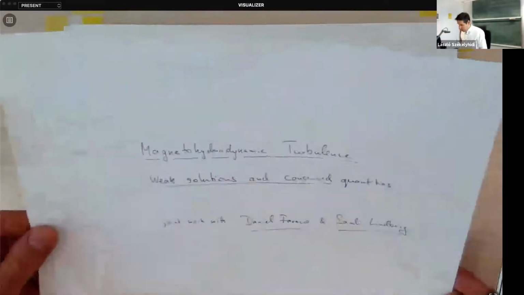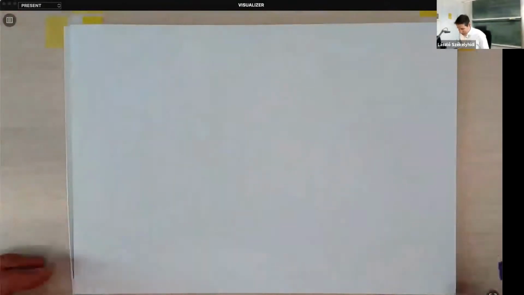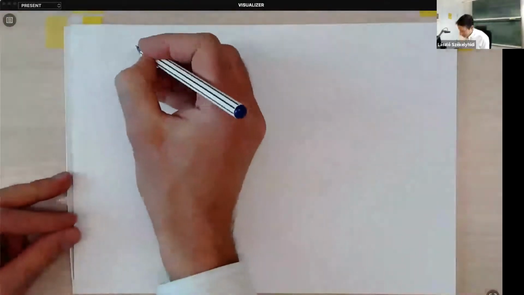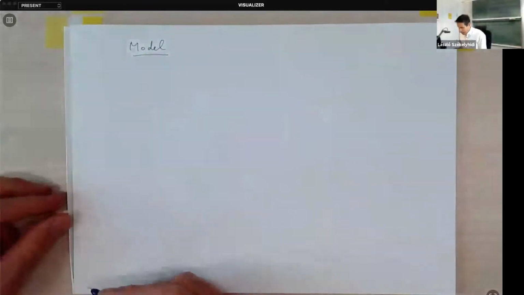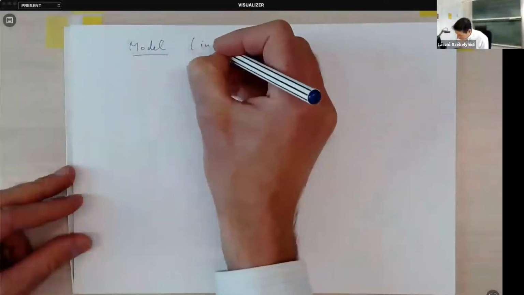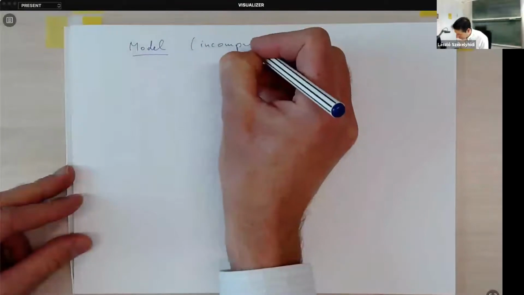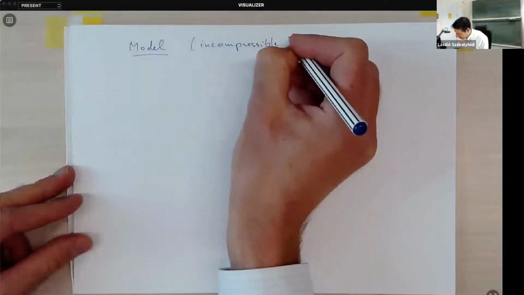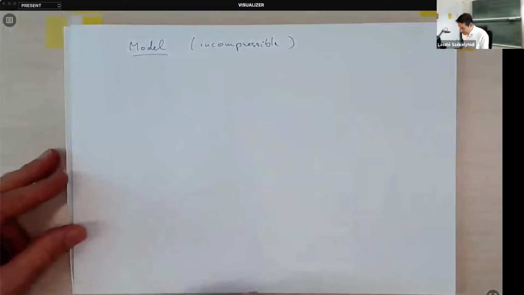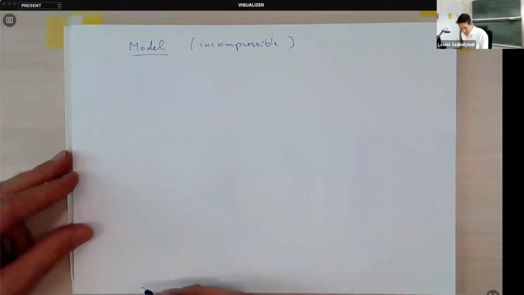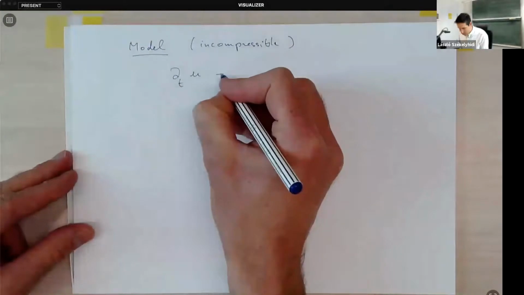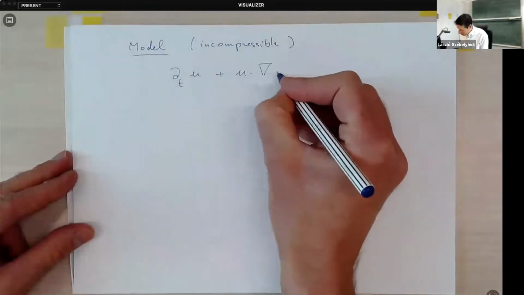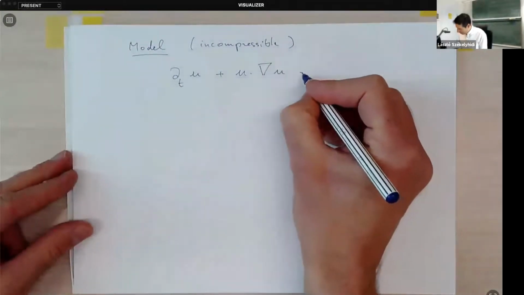Okay, so to begin with, let me just give a basic introduction to the model. I will focus only on the incompressible case. Basically, the MHD system is a coupling between Navier-Stokes or Euler and Maxwell or the Faraday system.